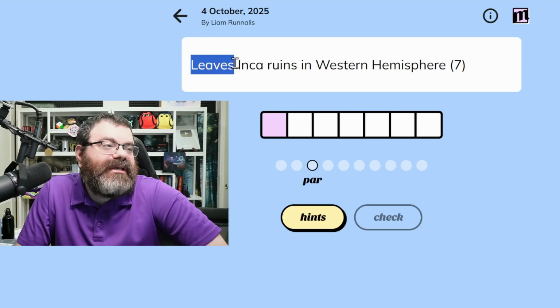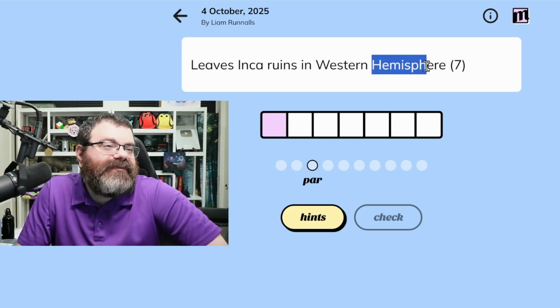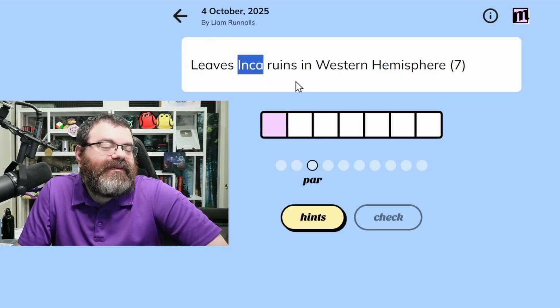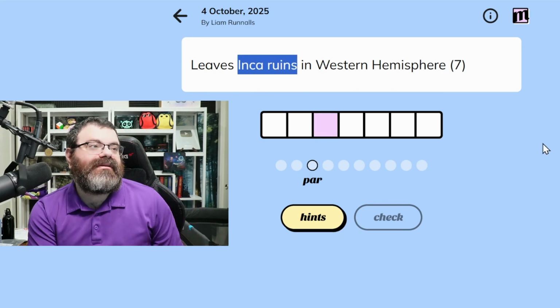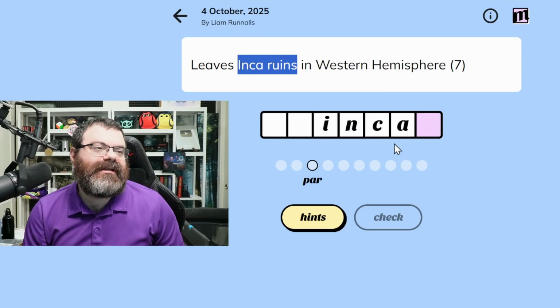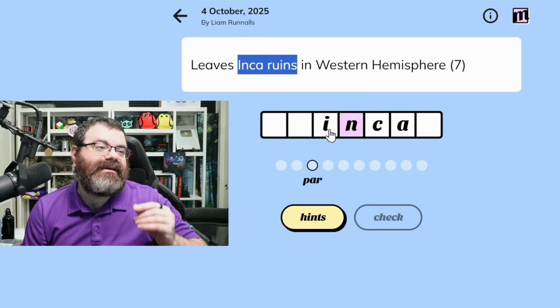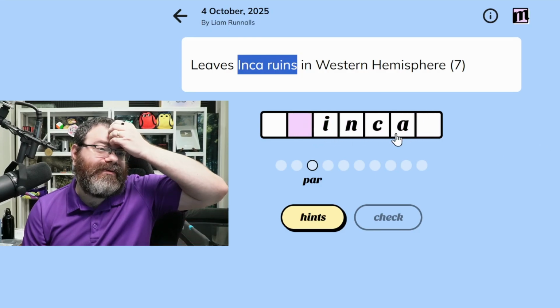Leaves could be our definition, or hemisphere could be our definition. Inca has to be fodder. So are we anagramming Inca and putting it in the middle somewhere? Obviously we don't know what the anagram is yet, but the letters Inca go either across here or across here.